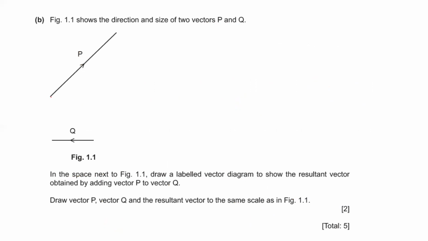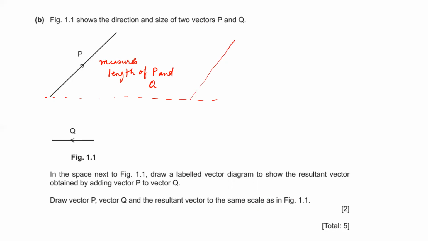So the best way to draw is to measure the length using a ruler, measure the length of P and Q, and make sure that when you are drawing, they must be aligned or have a similar shape.